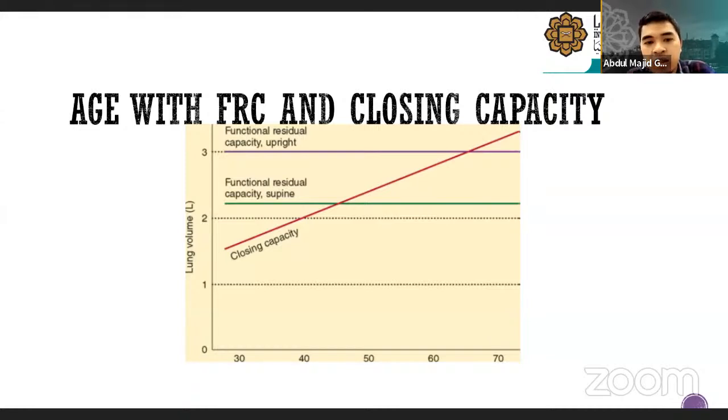At the age of 46 to 48 years old, the person can have a closing capacity the same as functional residual capacity in the supine position, and if the age is more than 68 years old, the closing capacity is at the level of FRC in the upright position. So there will be a very significant problem with perfusion and ventilation later on because of this issue.